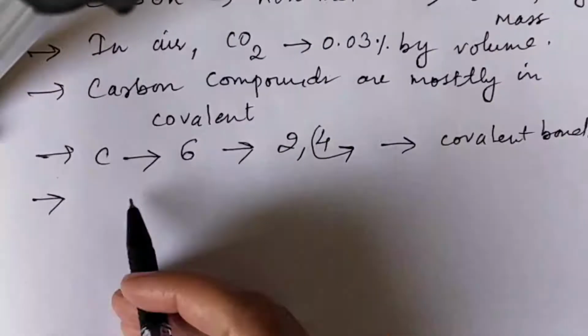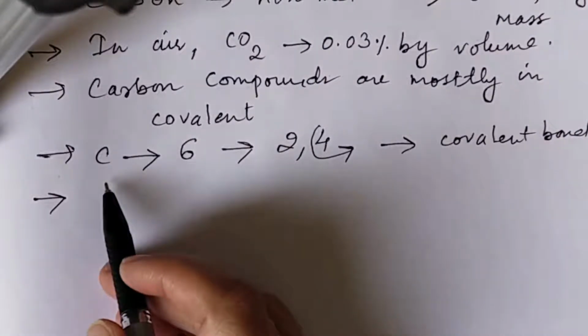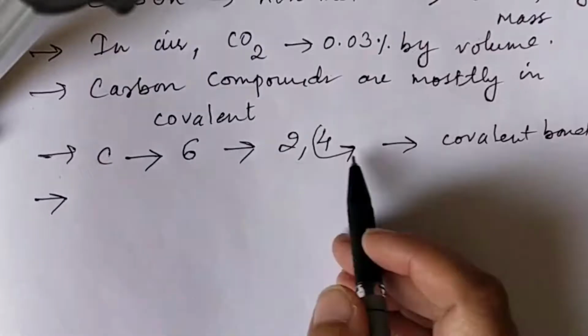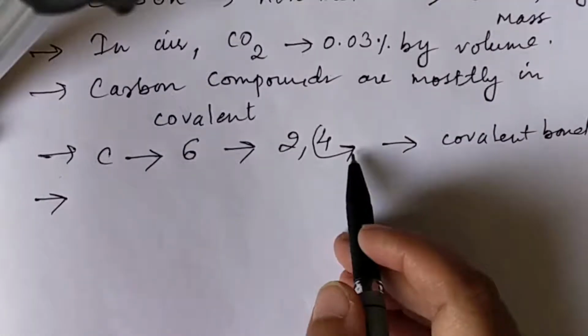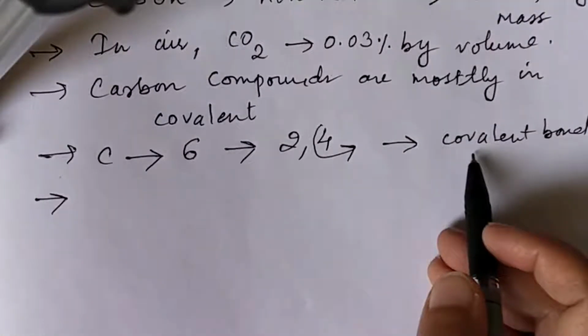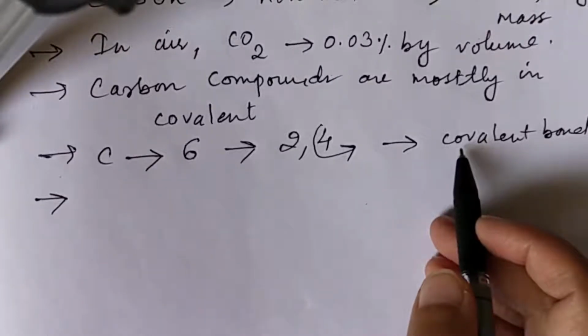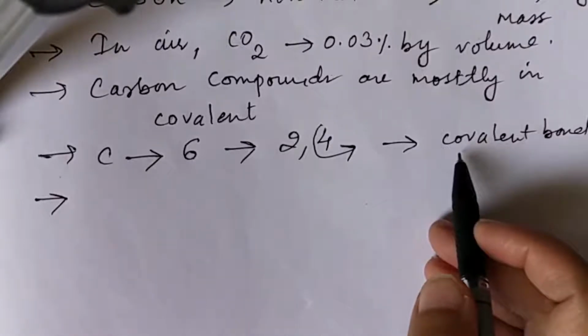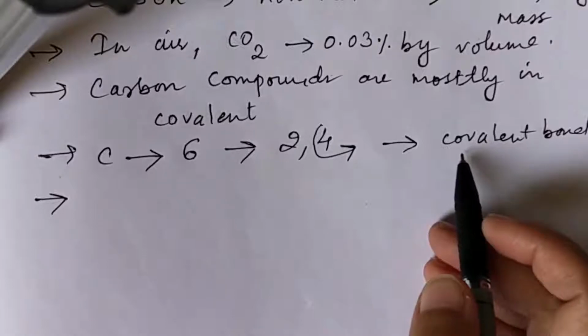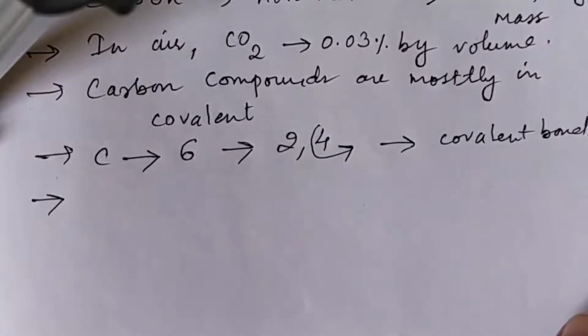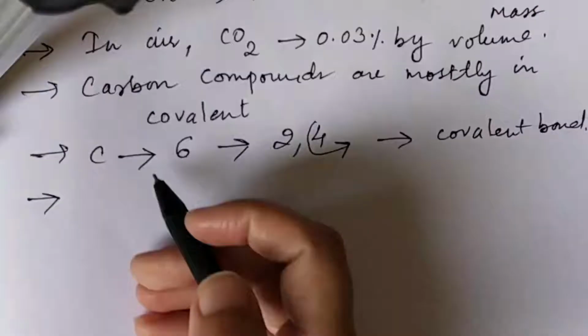Then you should know the atomic number and electronic configuration and what type of bond it forms with other atoms. Carbon forms covalent bonds, and let us try to understand this concept with an example.